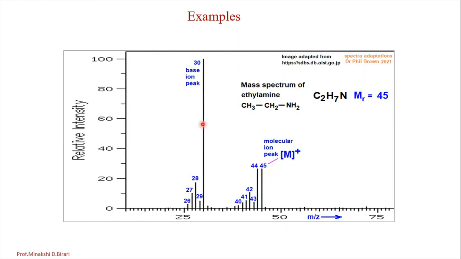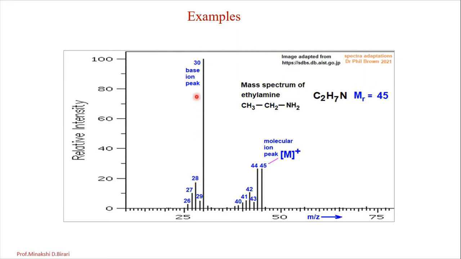But most of the fragmented ions show peaks at even M by Z values.